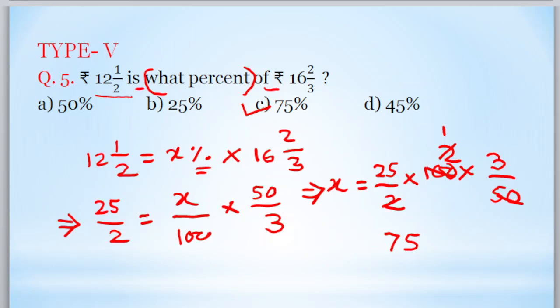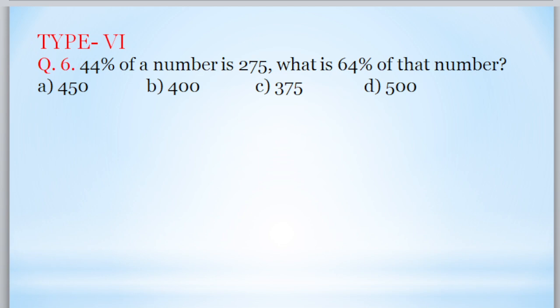Now next question, type 6, question number 6. 44% of a number is 275. What is 64% of that number? Now here, 44% of means multiplication.